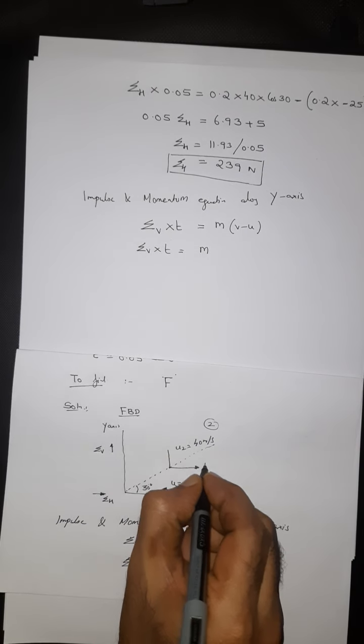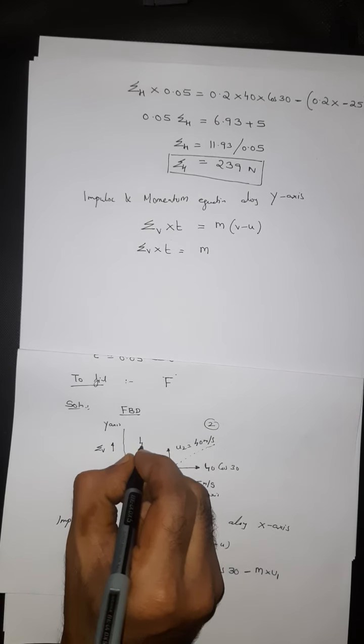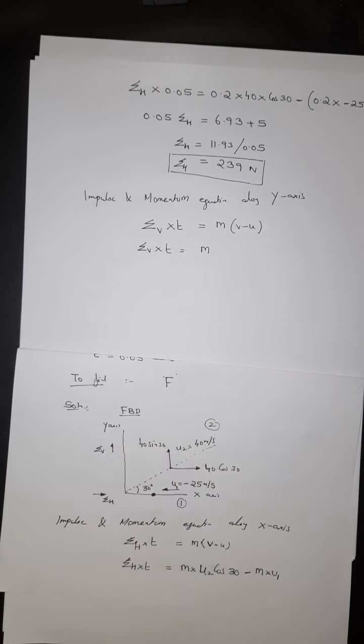So this is 40 cos 30, this is 40 sin 30, right?